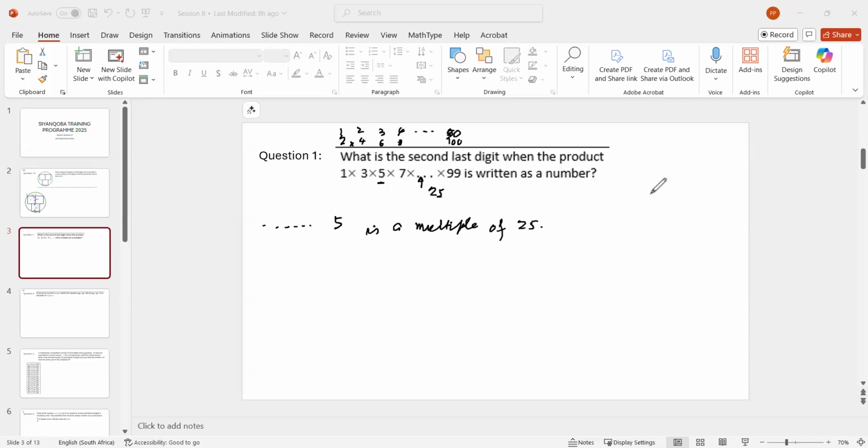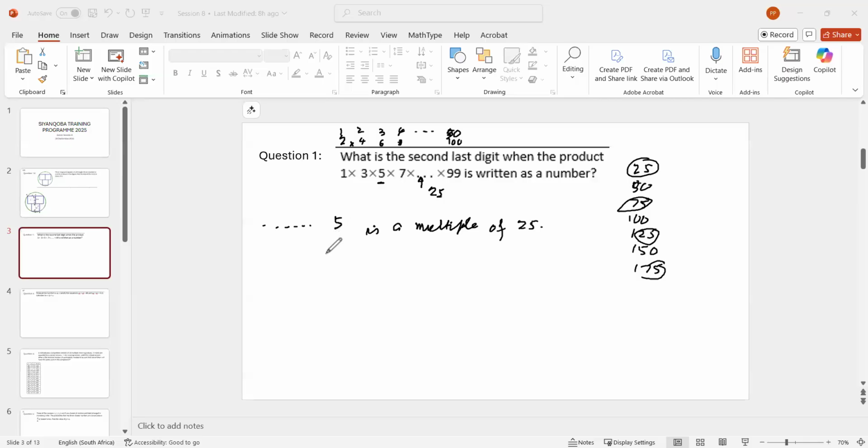Now, the multiples of 25 are 25, 50, 75, 100, 125, and so on. And you can see quite clearly that we've got an odd multiple of 5, so it ends in either 25 or 75. So we are getting there.